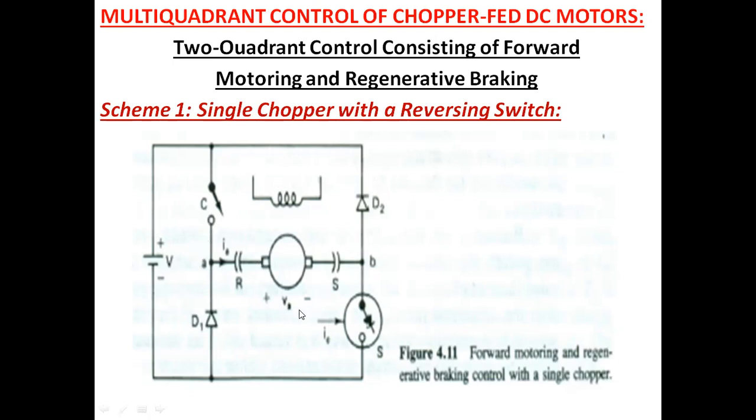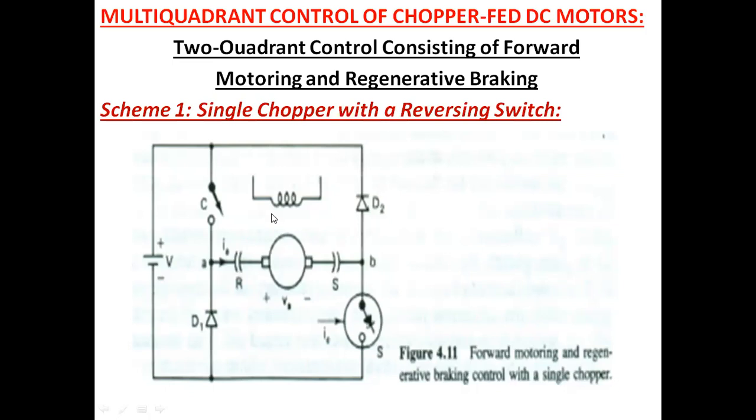This armature connection is reversed with the help of the reverse connection switch RS. So with the help of this RS, we reverse the connection of the armature.